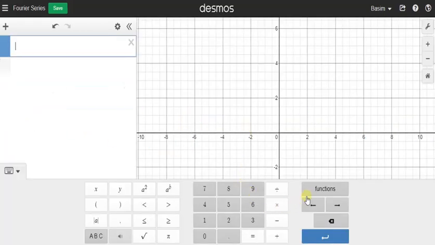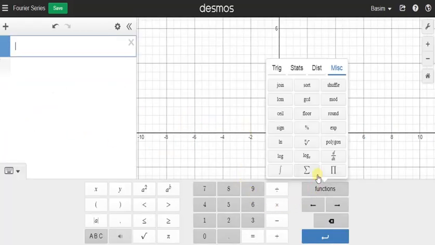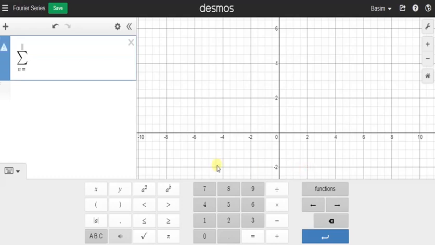Now let us represent it by a summation. So summation n is equal to 0 up to 50. So I am using 50 terms in the expansion.